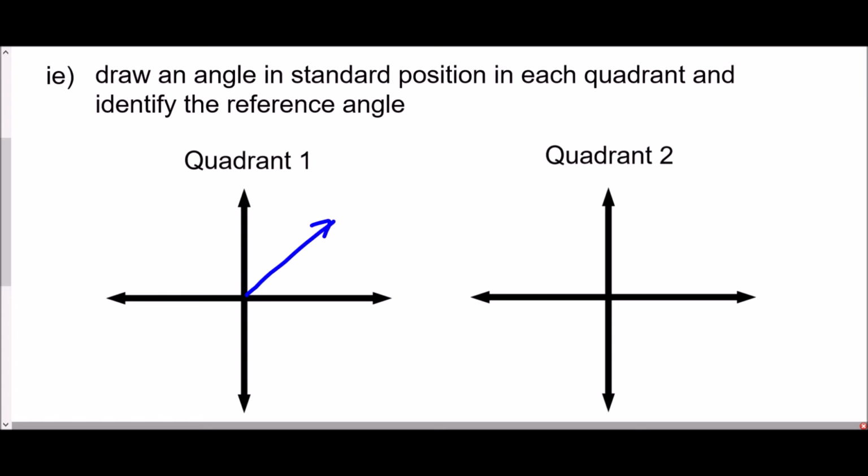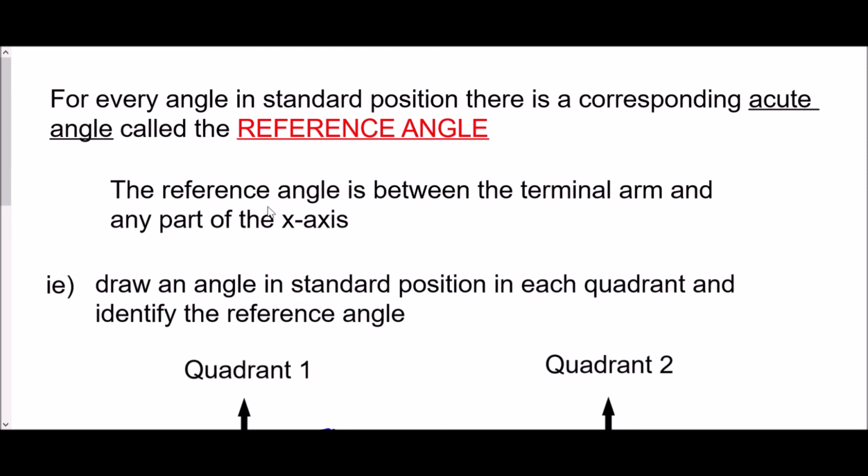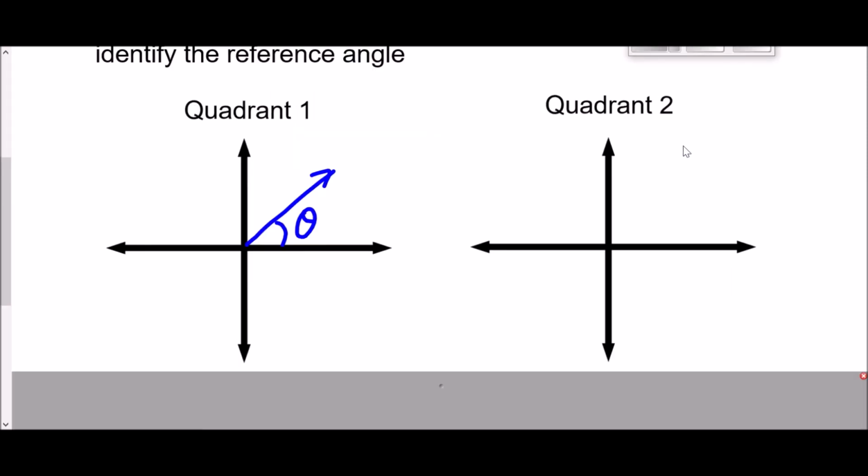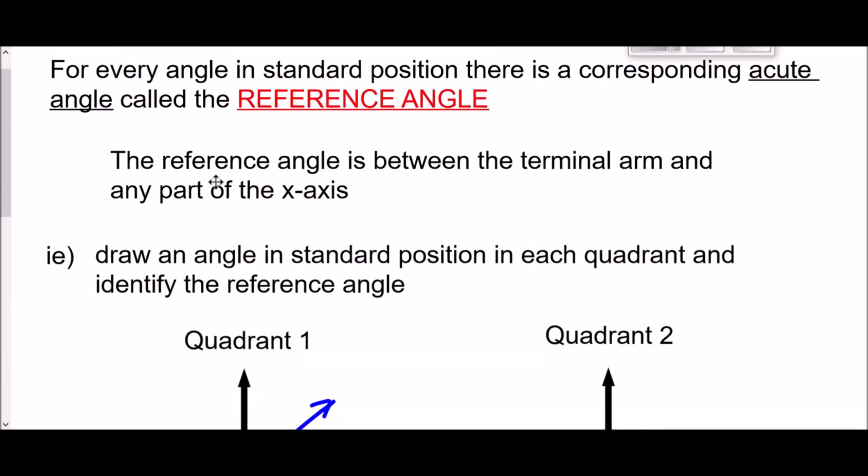And of course, you call this angle theta. So how do you draw the reference angle? The reference angle is between the terminal arm and the nearest x-axis.